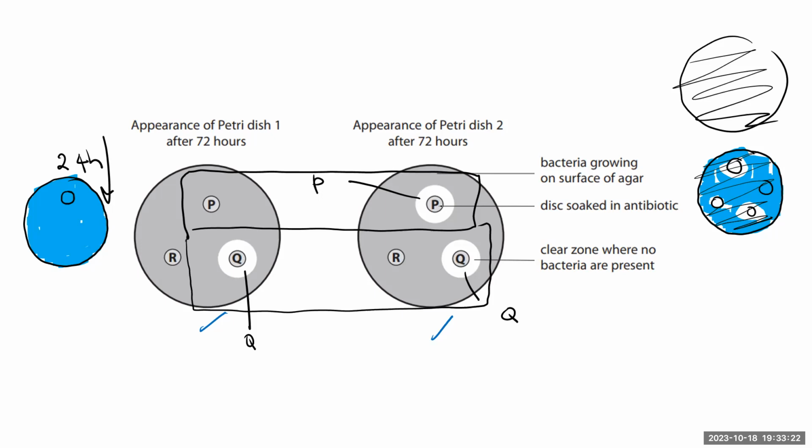So what if I say Q, when they place it after 24 hours, we have quite a good number of bacteria, and they place the Q here, and it killed the bacteria around it. And here, it did not kill. And here, it prevents growth.